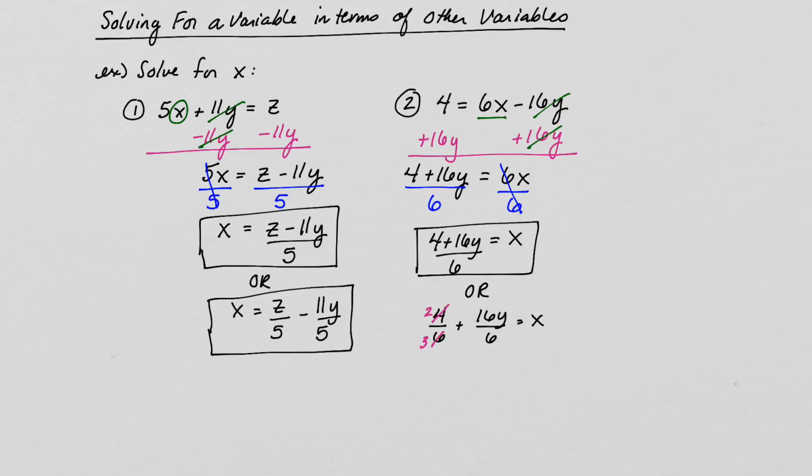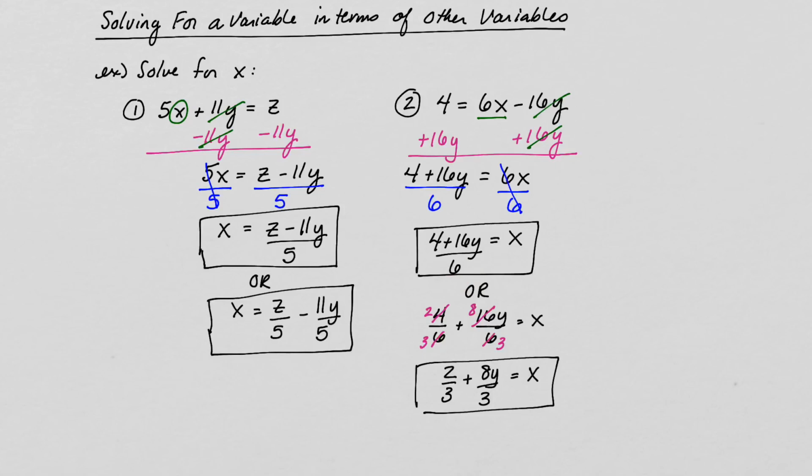And 16 and 6 also both are divisible by 2. So 2 goes into 16 8 times, 2 goes into 6 3 times. So we end up with x is equal to 2/3 plus 8y over 3. So that's another way you could write it. But you could just leave your answer like this, and that's okay.